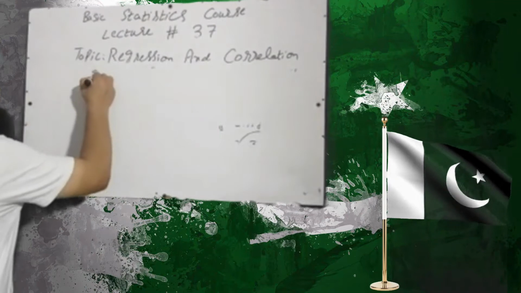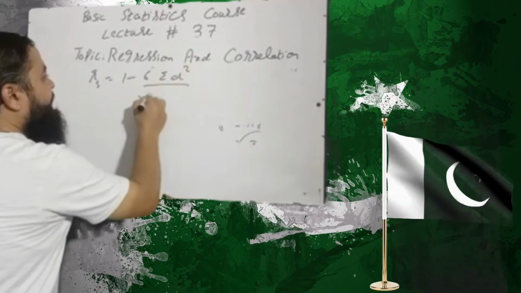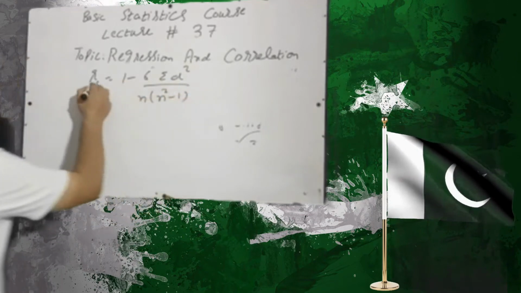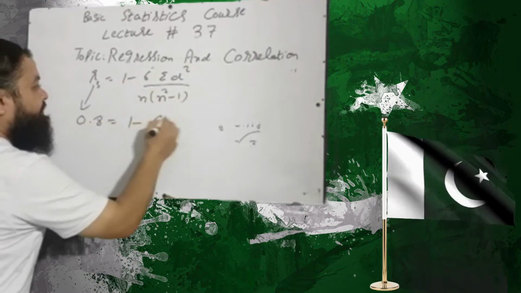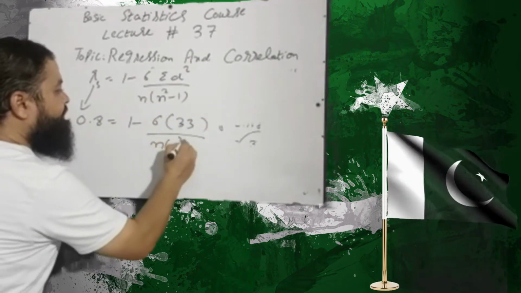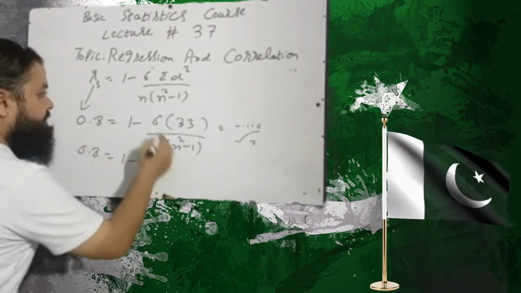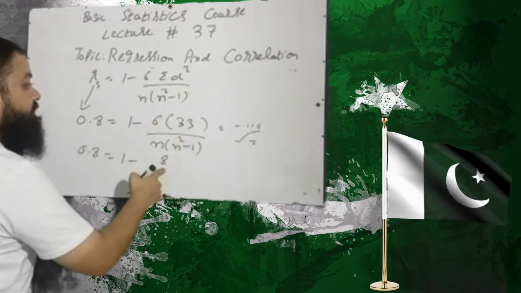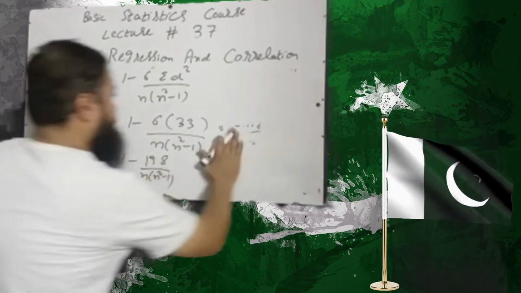We know the formula of RS, that is 1 minus 6 summation d square over n into n square minus 1. RS is given, that is 0.8 is equal to 1 minus 6 into 33 over n into n square minus 1. 0.8 is equal to 1 minus 198 over n into n square minus 1.